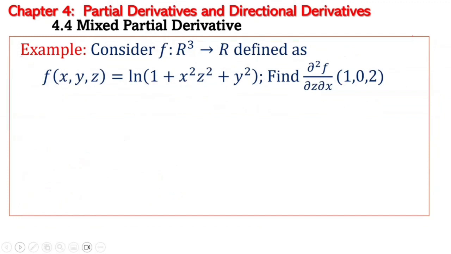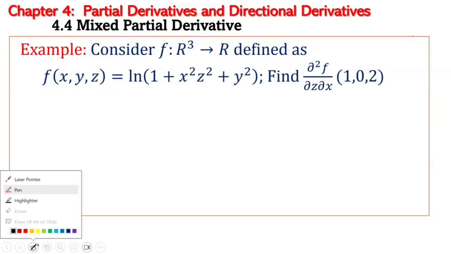Now we have a function here, from R^3 to R, defined as f(x, y, z) = ln(1 + x^2 z^2 + y^2), and we have to find del^2 f / del z del x at the point (1, 0, 2). First we ignore the point and calculate the derivative, and we will see how it comes.